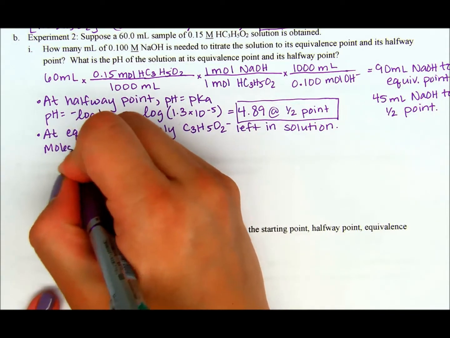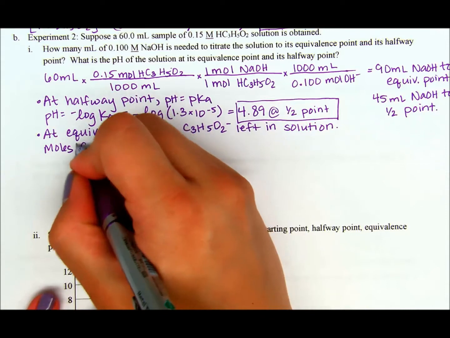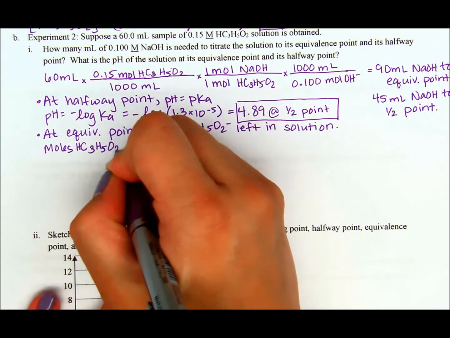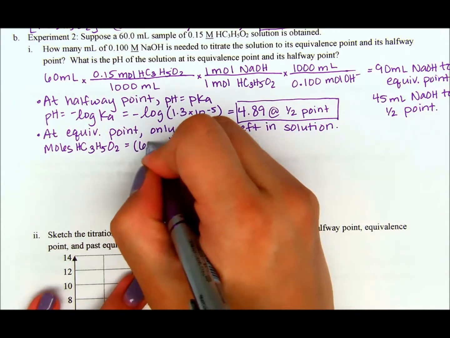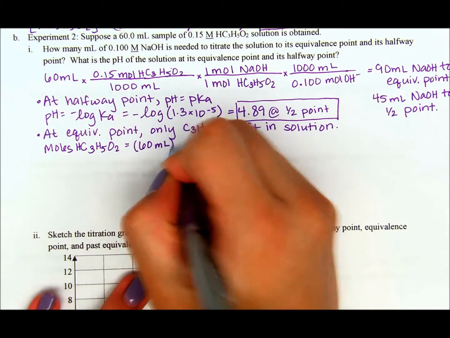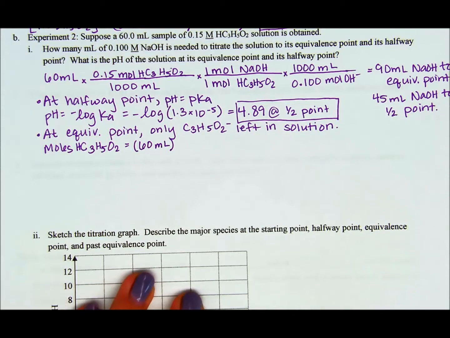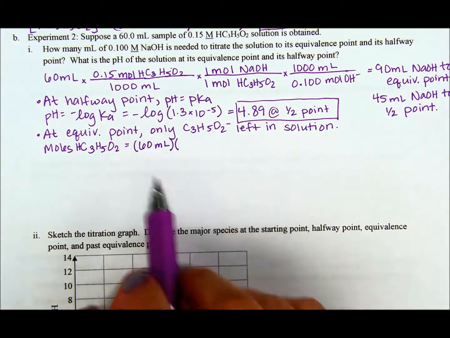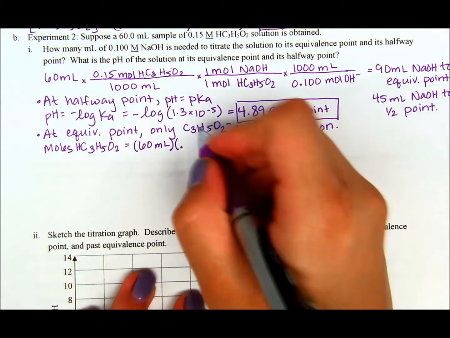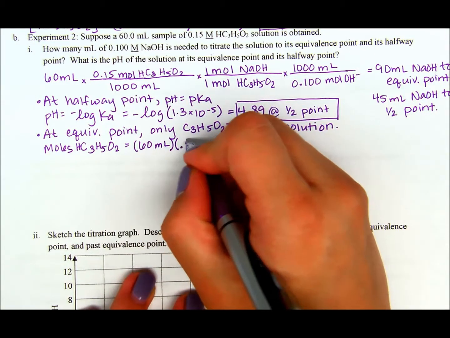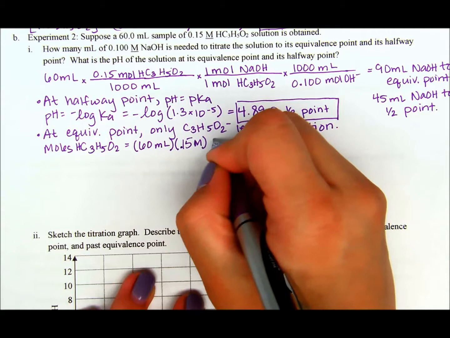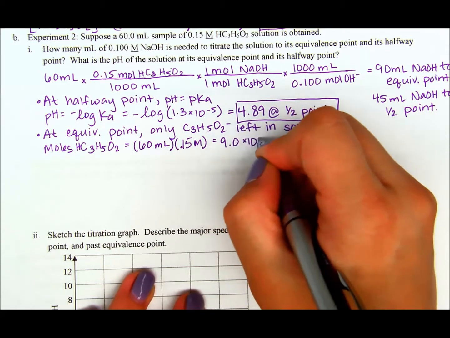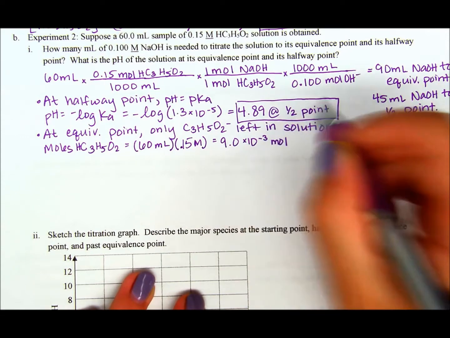So moles of our acid equals, well, I have 60 milliliters of it, and I'm going to multiply by my molarity, so I can get my number of moles here. And so I know I have 9.0 times 10 to the negative 3 moles.